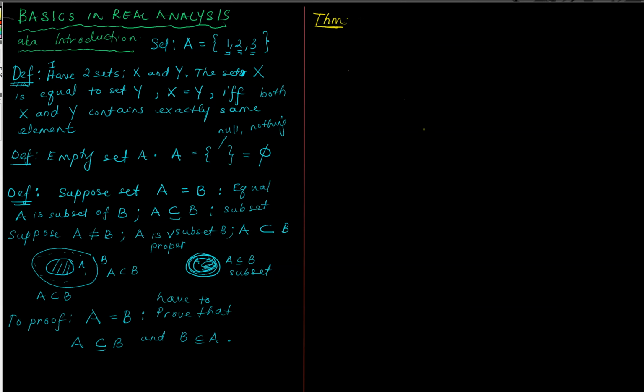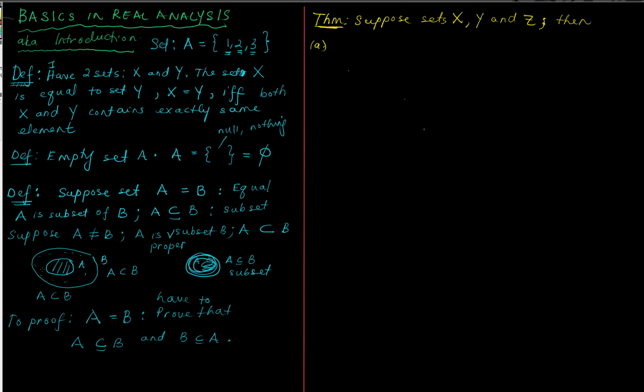Suppose I have three sets, X, Y, and Z. Then these properties are all needed in order for us to prove stuff. This is a theorem, so you'll have to prove it, and you'll be able to prove it. We're going to talk about intersection and union in this case.